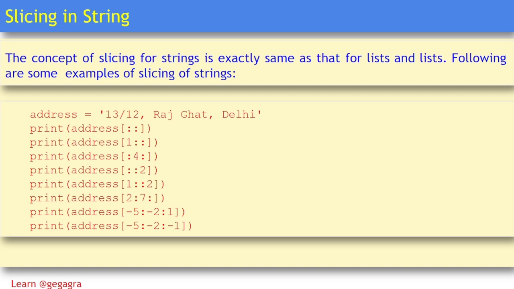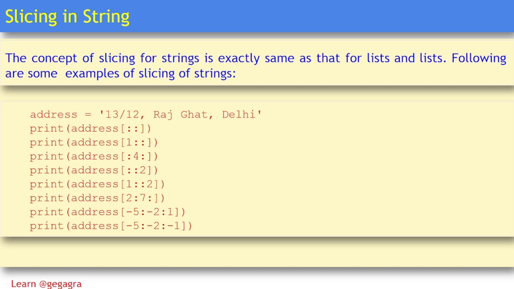So here, colon means one figure should be before the colon, one figure between the colons, and one figure to the right of the string. So there are three parts of slicing. First is start, second is stop, and third is the gap. Here there is no start, no stop, and no gap, and that is why it should print the entire string.